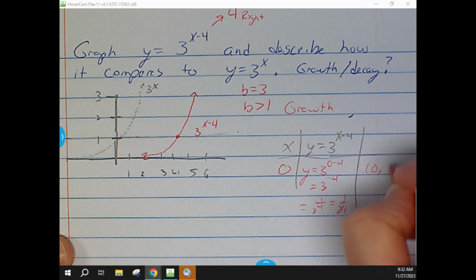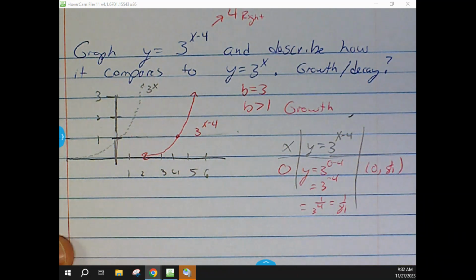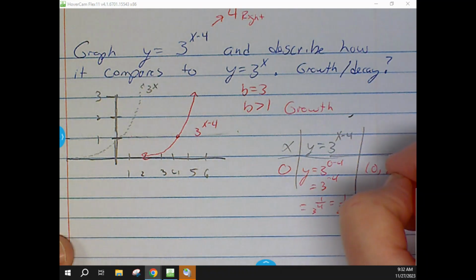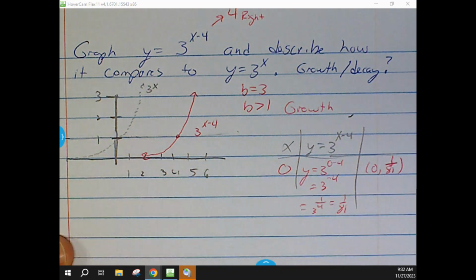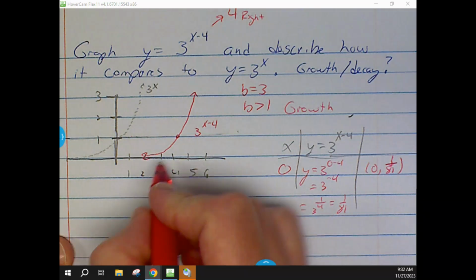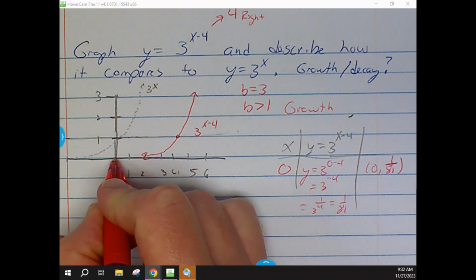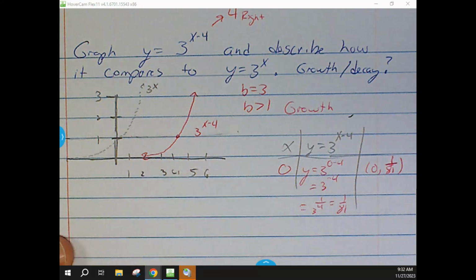It's possible. Or they may make you turn that back into a decimal number. Possibly. That would be like 0.019 something or other like that. So it's a really small number if we're looking at that part.